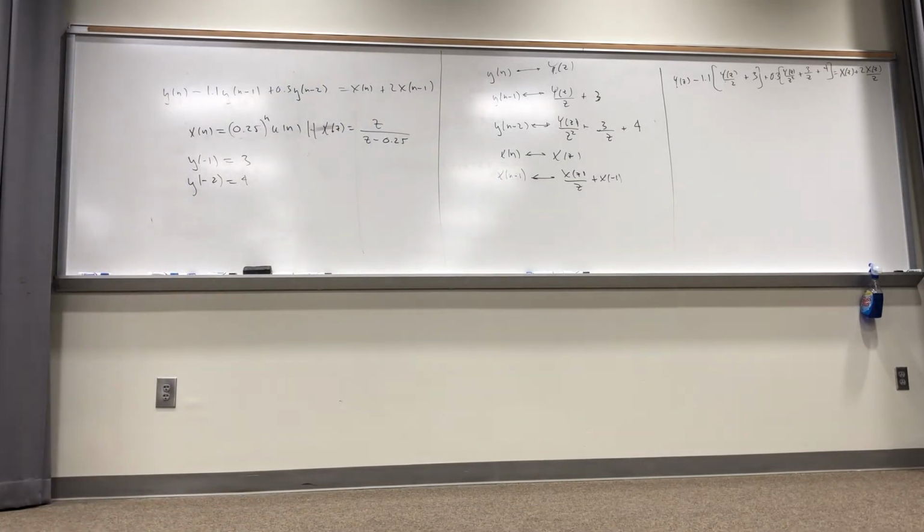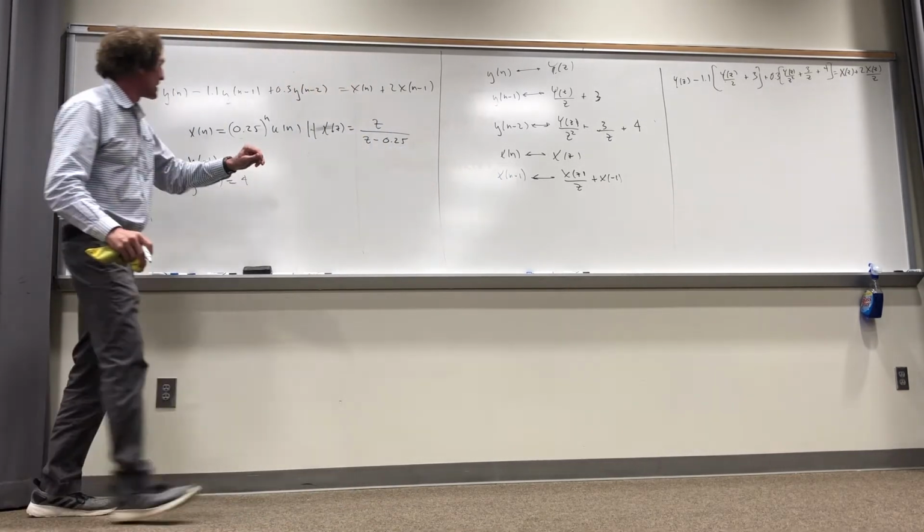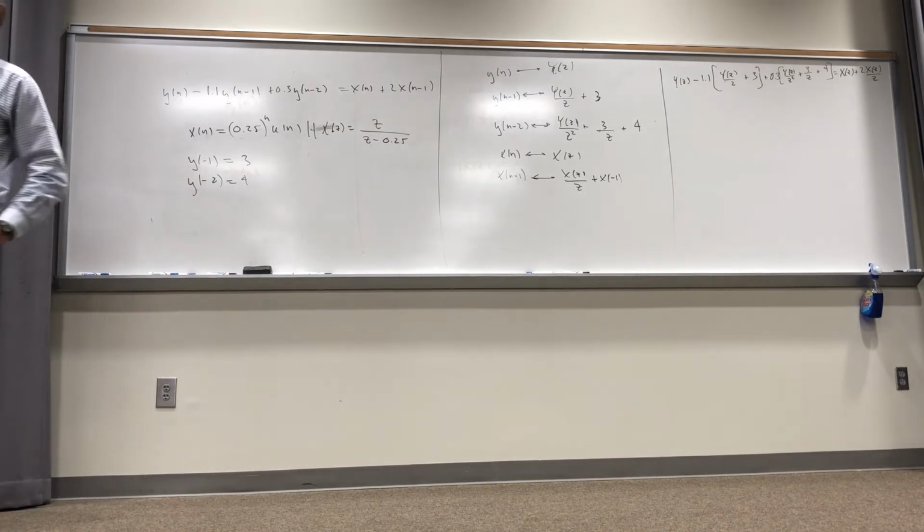What about the x of minus 1? There's no value of x of minus 1. Oh well, I'll tell you the truth. We could solve for x of minus 1, right? But here's the thing. You see this one, the u of n prevents that value from being anything but 0. Put a minus 1 here, it's going to be 0.